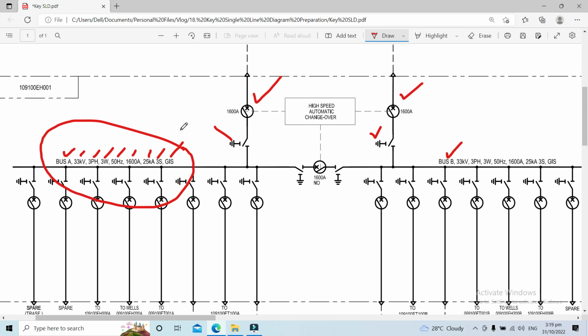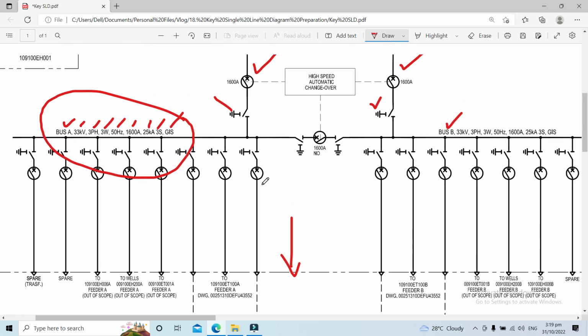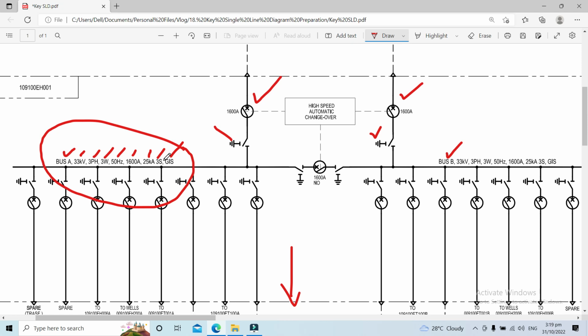In order to coordinate the upstream relay going to downstream, normally it could be 1 second here, but in this project the proposed time rating is 3 seconds, 25 kiloamperes. That's why it's important to perform a short circuit analysis.